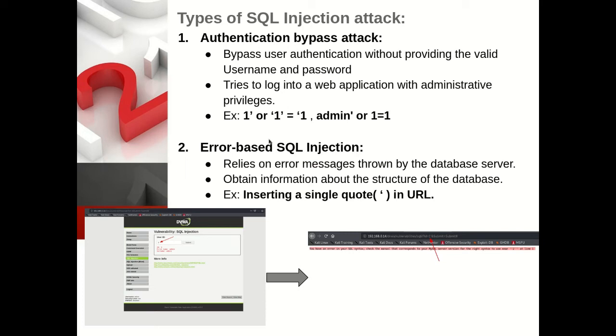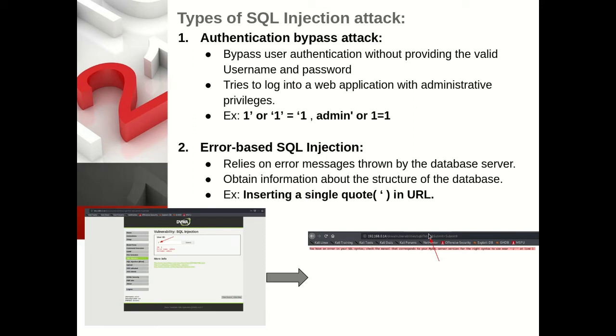And the second one is error based SQL injection. This vulnerability can be identified with the help of errors. This can be done by injecting a single quote at the end of the URL, or after a valid parameter like username equals 1234. At the end, if we put the single quote, then we will get an SQL error as shown in the figure here.